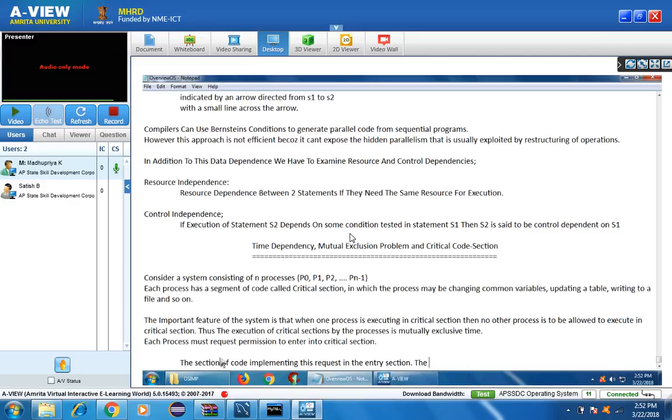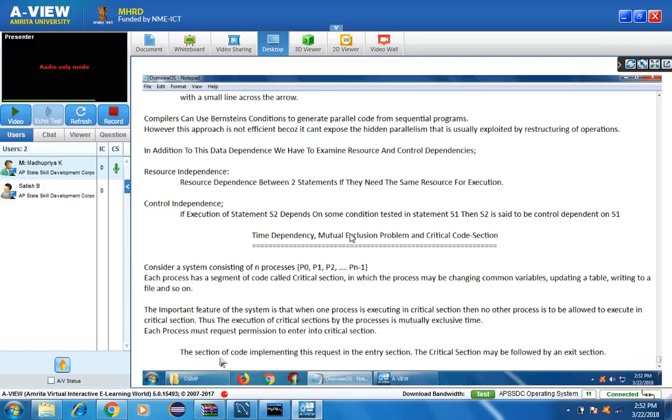And once the process is done in your critical section, the critical section may be followed by an exit section. And the remaining code is the remainder section.